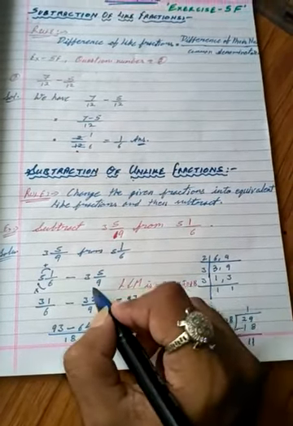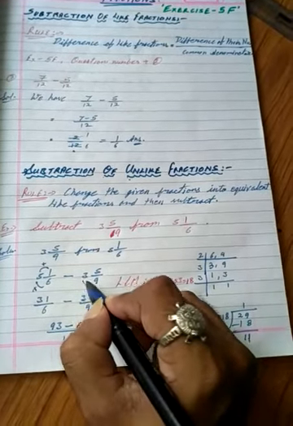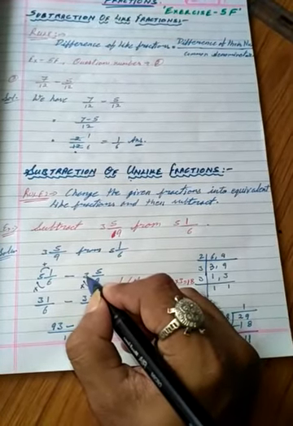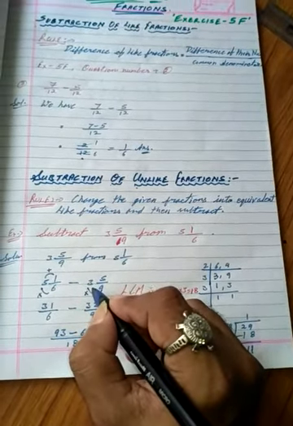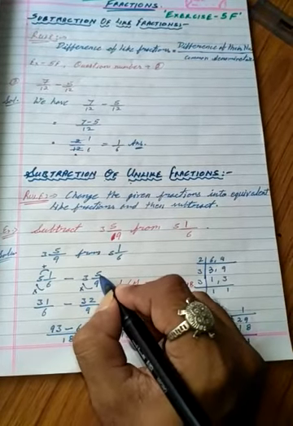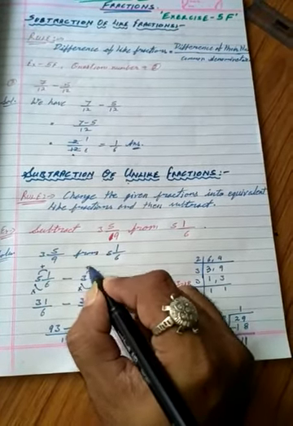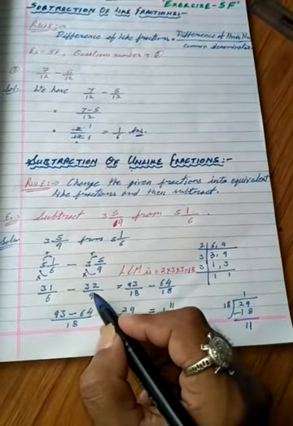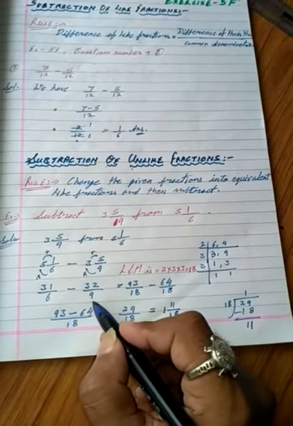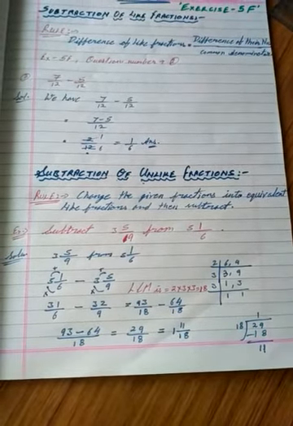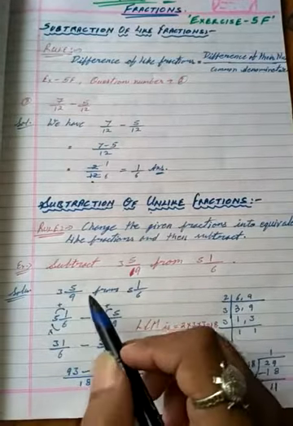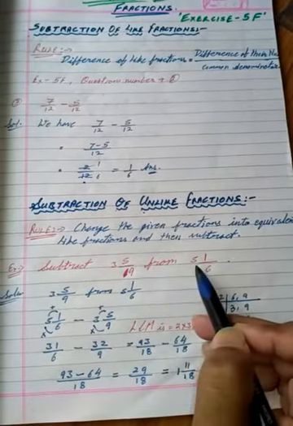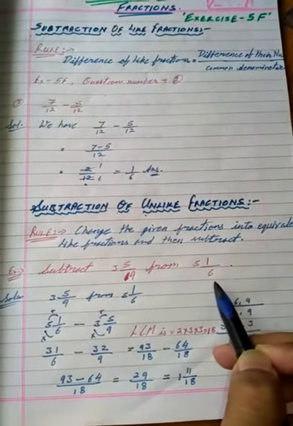In the second, first we multiply these two digits. 9 multiplied by 3, it's 27. Then we add this 5, so we get the answer 32. So our improper fraction is 32 upon 9. Now in this question, subtract 3 5 by 9 from 5 1 upon 6.